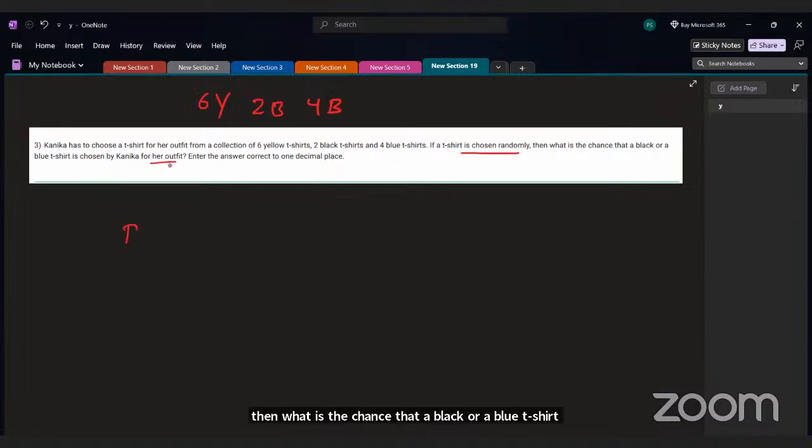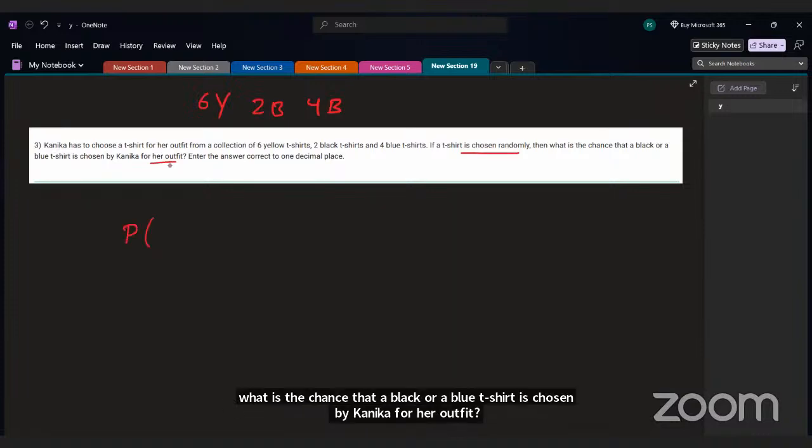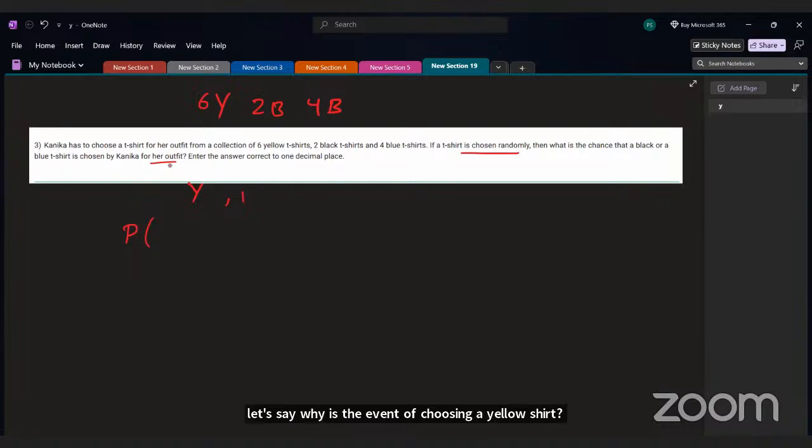So let's say Y is the event of choosing a yellow shirt, BL is the event of choosing a black shirt, and B is the event of choosing a blue shirt. They are basically asking, what is the chance that a black union blue shirt is chosen?